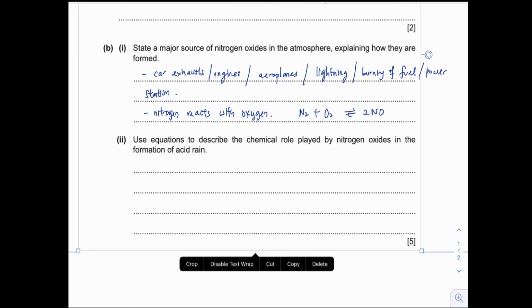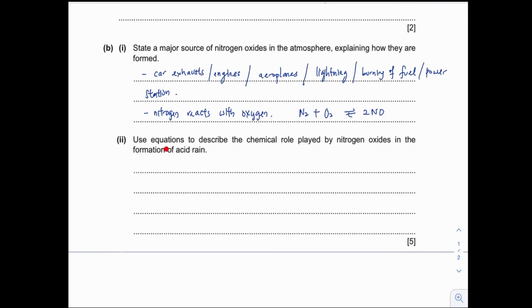And number 2, use equations to describe the chemical role played by nitrogen oxide in the formation of acid rain. Now, we know that the role of nitrogen oxide is a homogeneous catalyst. Like I said, the first step is the NO2 gas, which is also known as a homogeneous catalyst. It can react with the SO2 gas from the atmosphere to form NO gas and also SO3 gas.